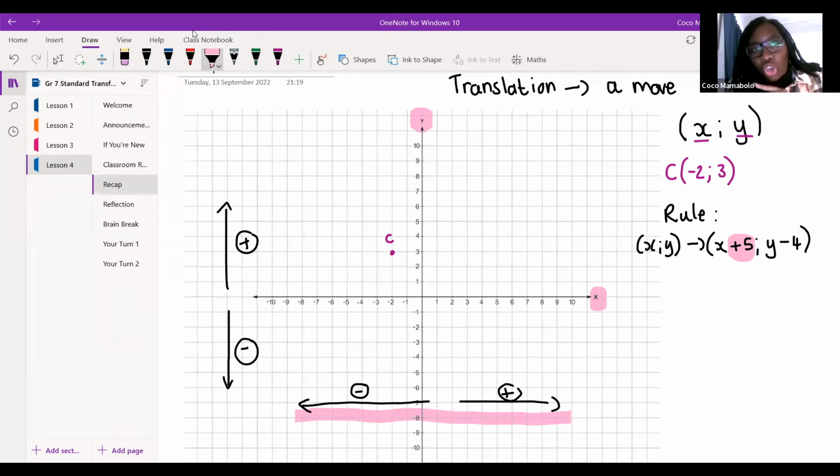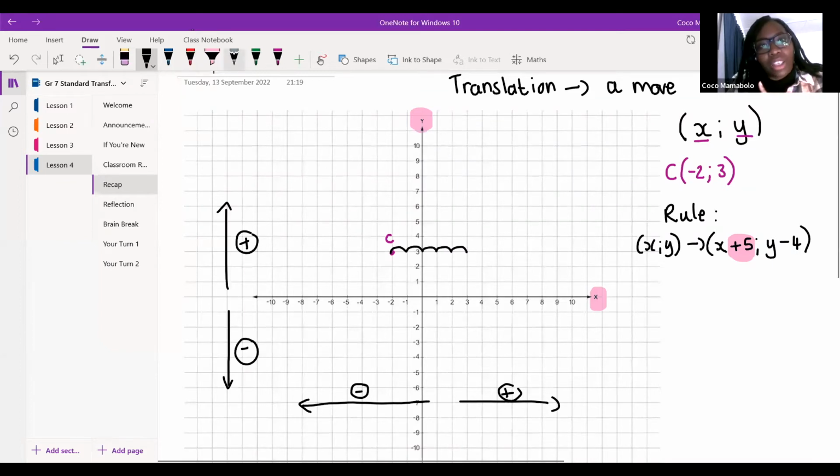Right. Good. We're going to move right. How many times are we going to move to the right? 5 times. Good. So you're going to count with me. 1, 2, 3, 4, 5. From where we are, can you tell me what is my new X coordinate? 3. Good. That's it.